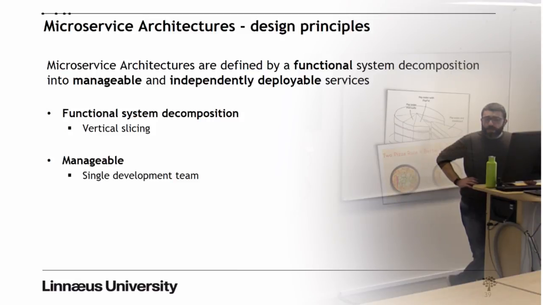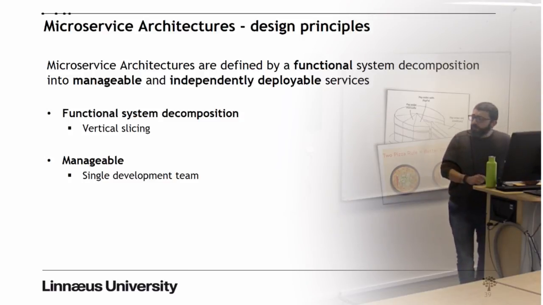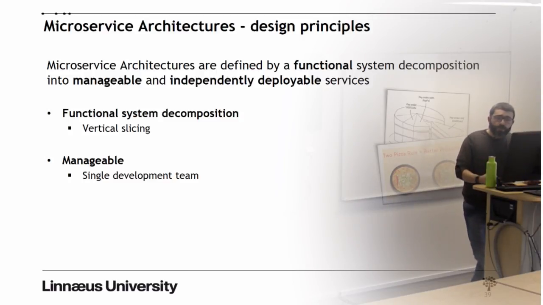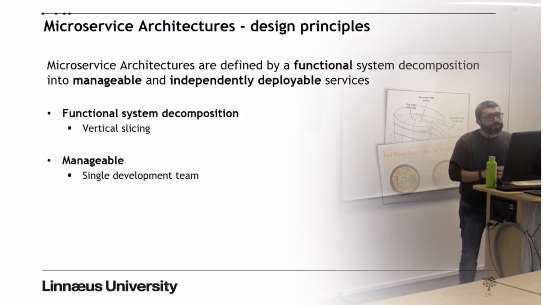Then they must be manageable. This means that a microservice should be very small, and every single microservice should be managed by a single development team, following this two pizza rule. If a team can be fed with two pizzas, then it's a good number of members within the team.